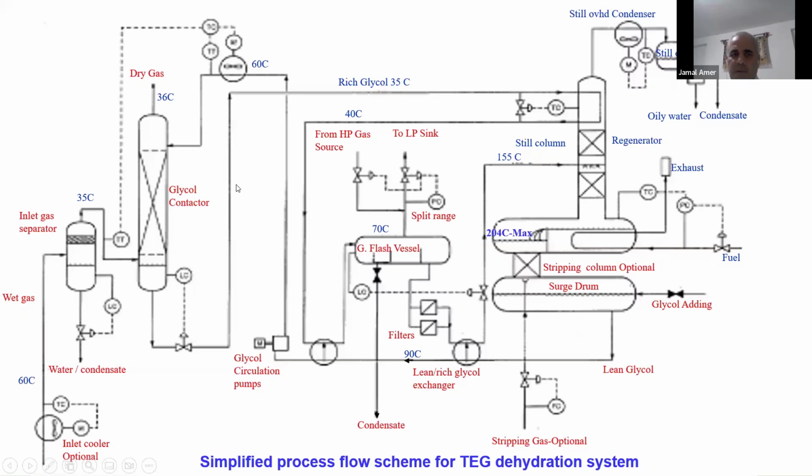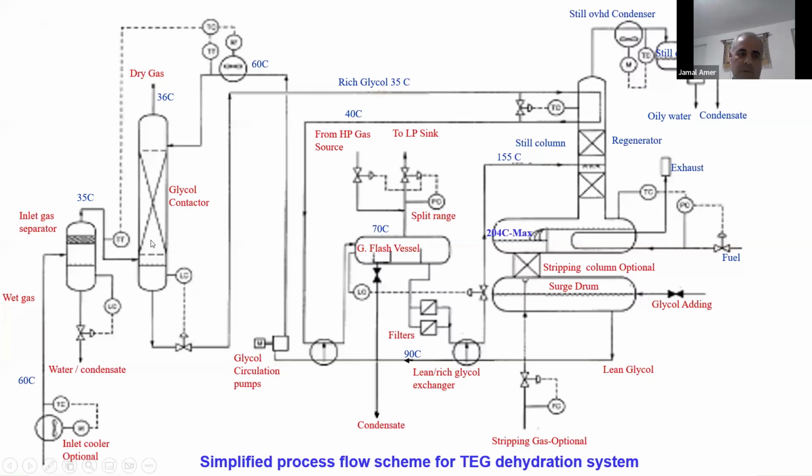Here, another important thing is the level of glycol. Here also, we have to observe the condensate, whether more condensate is coming with the gas or not. We have to take care about it. This level control valve will control the level of condensate in the contactor.